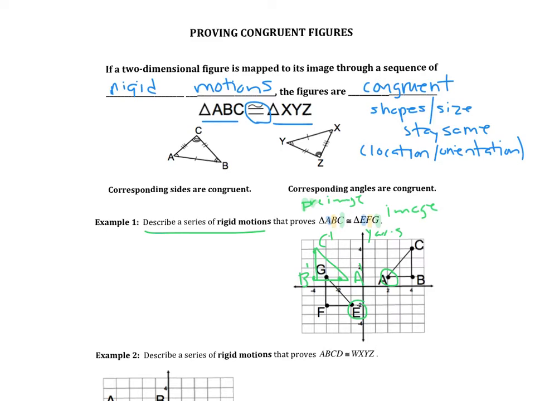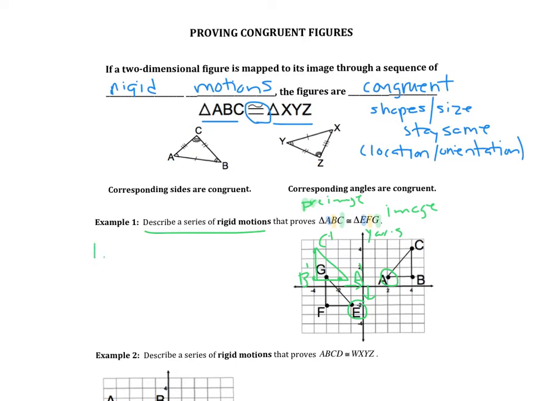Now, we'd have to ask ourselves, well, how would I get those to fit? So we might have to slide over 1 on the x, and then it looks like once we slide over on the x, we're going to slide down 3 on the y. So if I'm thinking about that in terms of a rule, all right, we'll talk about that in a second. So we're going to move it over, and we're going to describe it in a series of events.